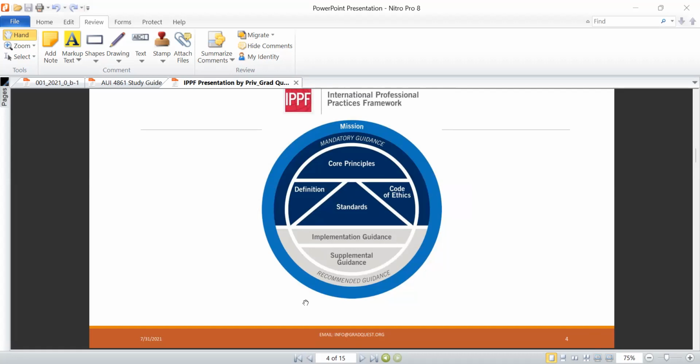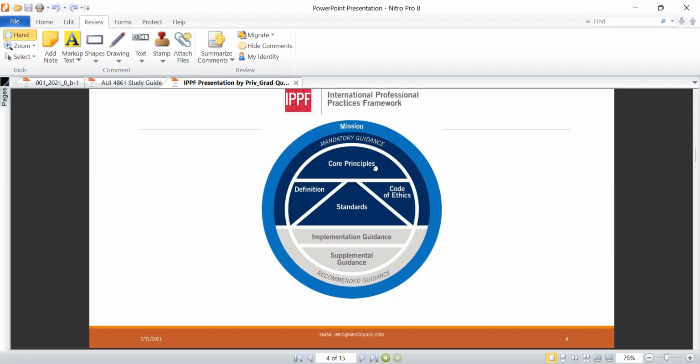All right, so look at this, gentlemen. When you're looking at the IPPF framework, it is subdivided into two sets of elements. There's what we call mandatory guidance, and then there's what we call recommended guidance.